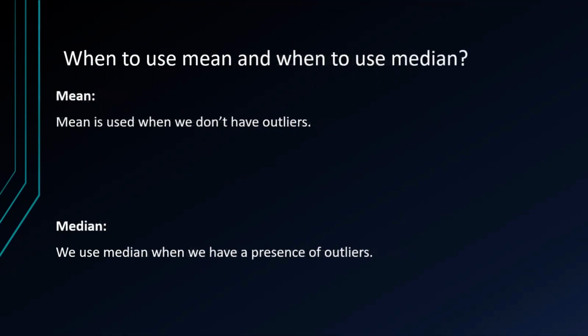So when to use mean and when to use median in case of numerical values. Mean is used when we don't have outliers. So far, you don't have to worry about this term because we have a separate outline on outliers. But for now, you must know that outliers are extreme or abnormal values in the dataset.